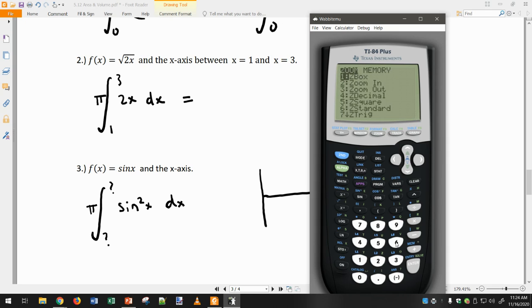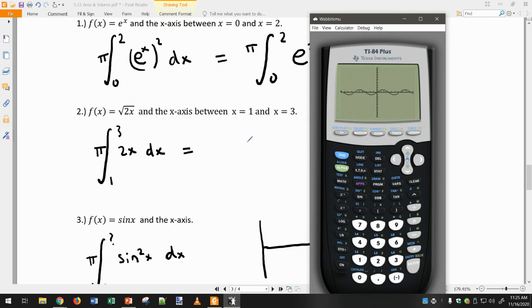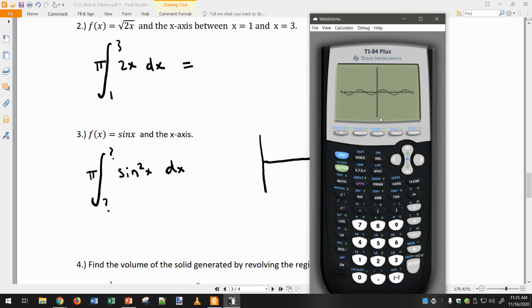So I'm going to hit zoom 6. Okay, and sine x in the x-axis. So let's say from 0, because it should tell us from where to where, because sine goes on forever.